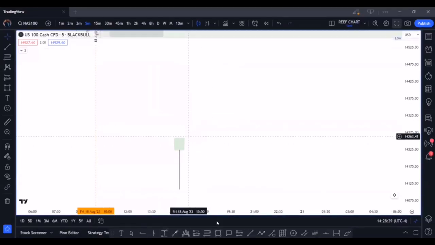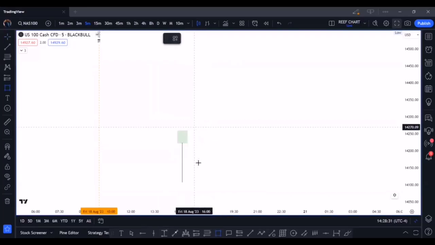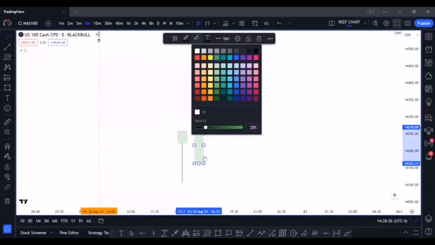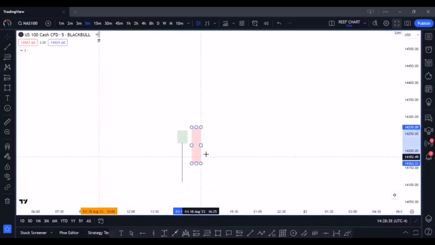So while the market is going down and tapping into this level, there is a chance that it would look at tapping into this level, coming almost to the midpoint of it.